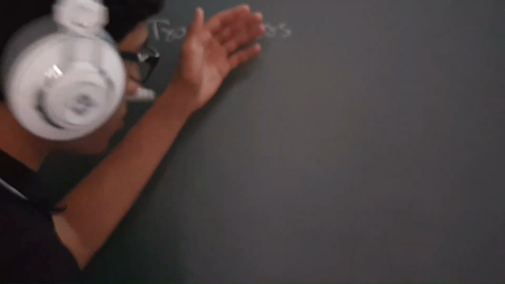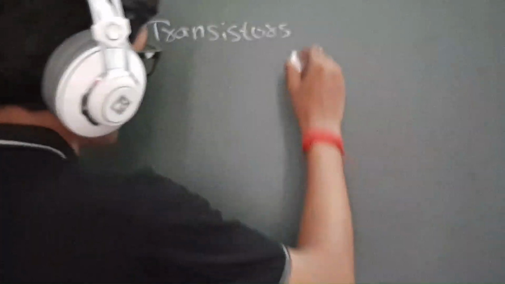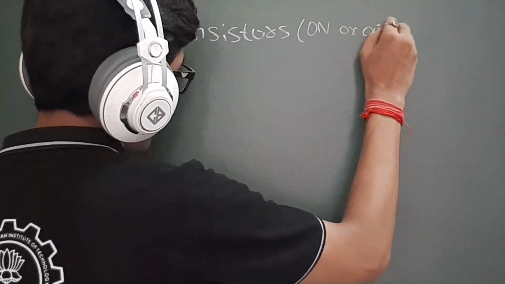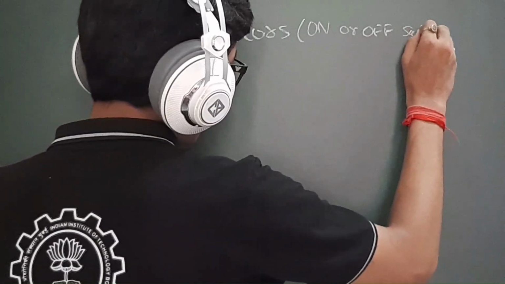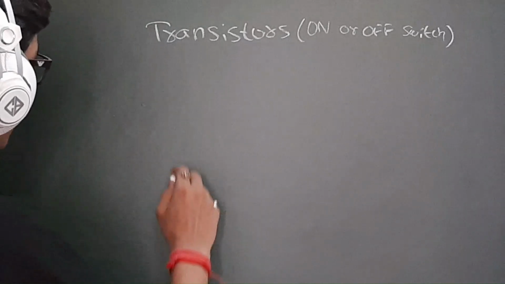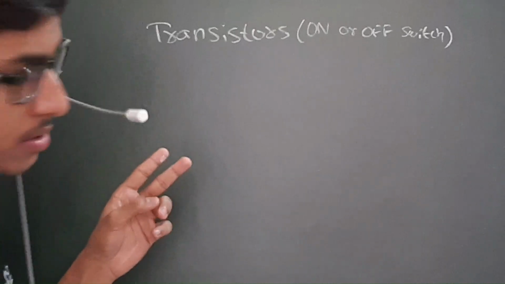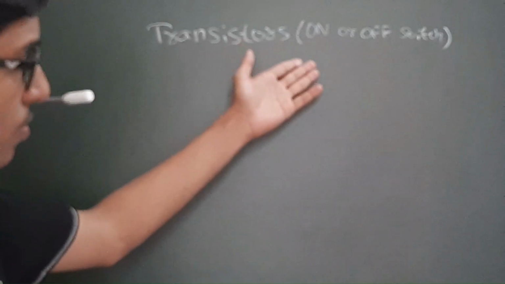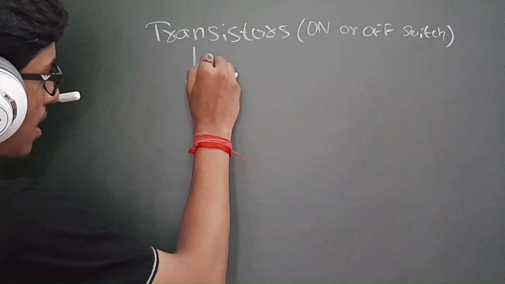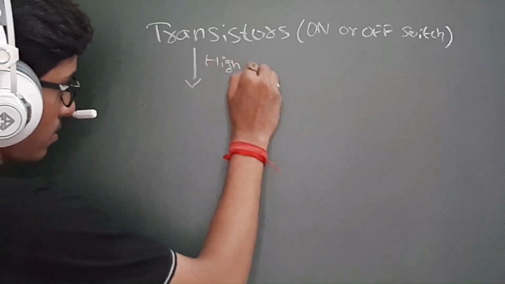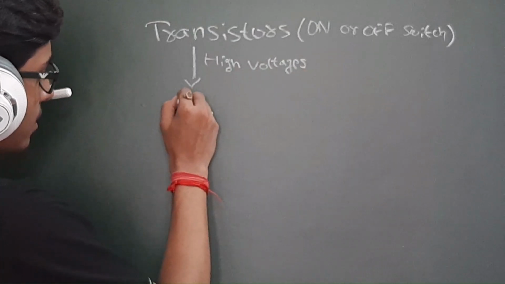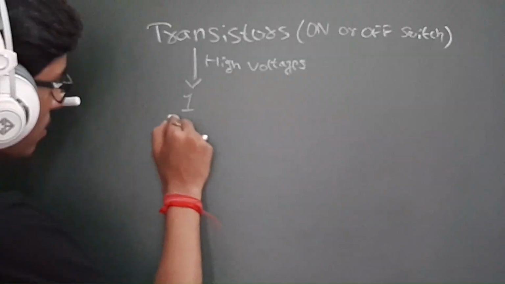Right. So you can consider a transistor as an on-off switch. Now, as we know, there are two states of a transistor, either on or off. When the transistor is detecting high voltage, it is interpreted as 1, true.